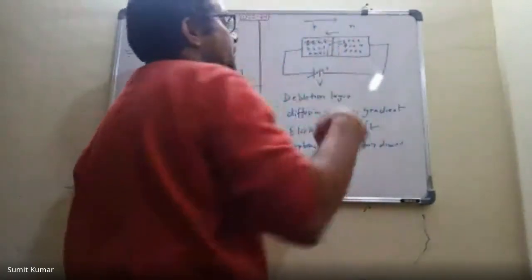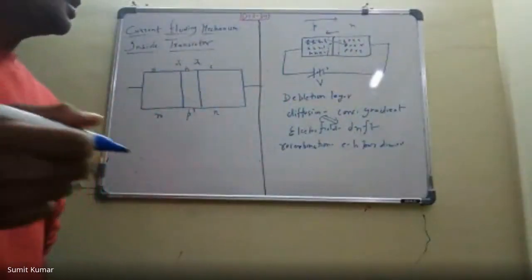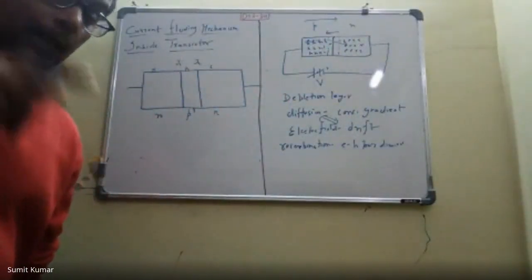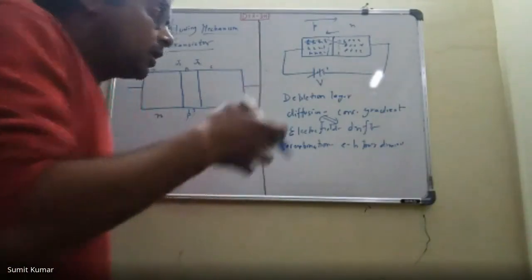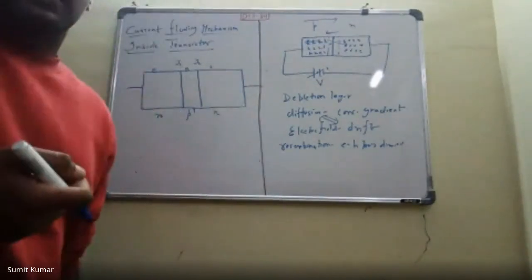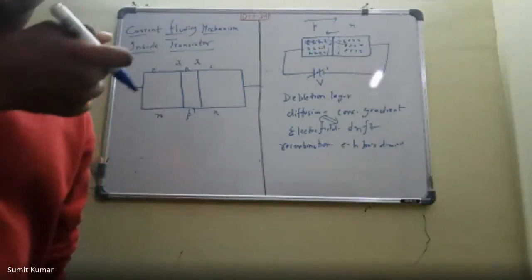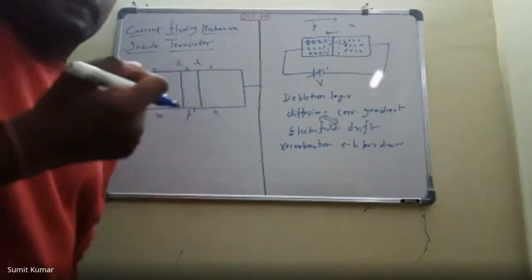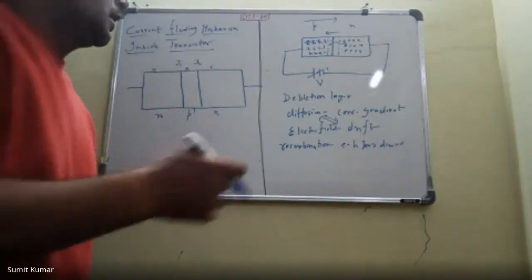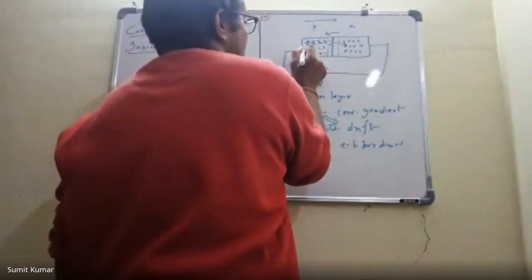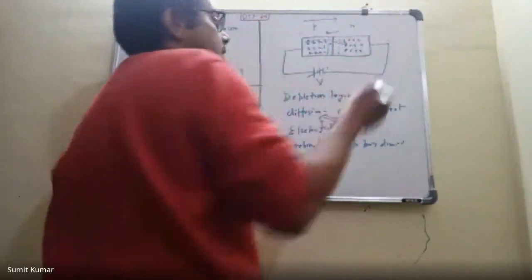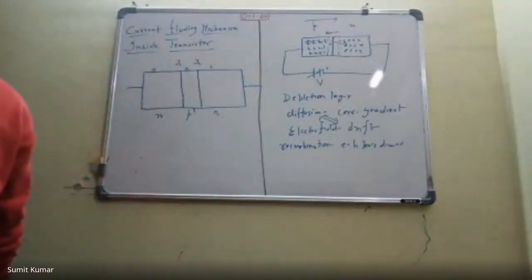And here, the p-type material is electrically neutral, and we know that the n-type material is also electrically neutral. So in order to maintain the electrical neutrality, who will maintain it here? The battery will maintain it. What will happen? Some new holes will be created in order to maintain the electrical neutrality.